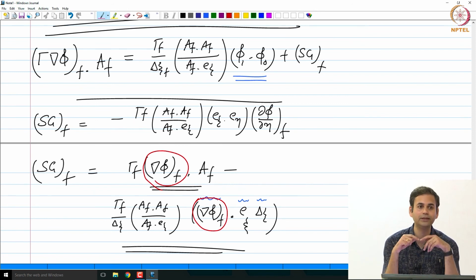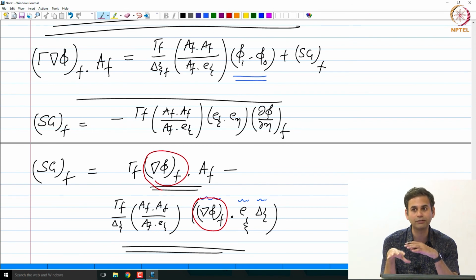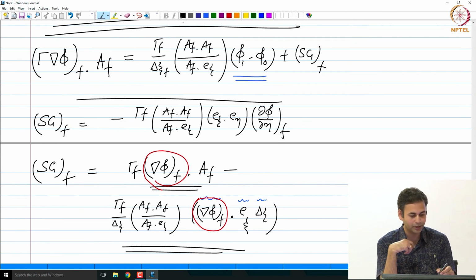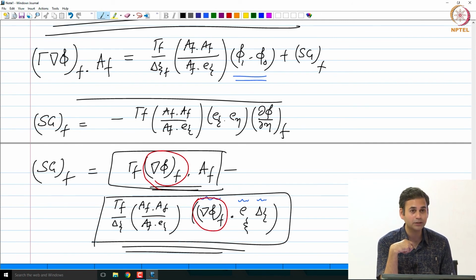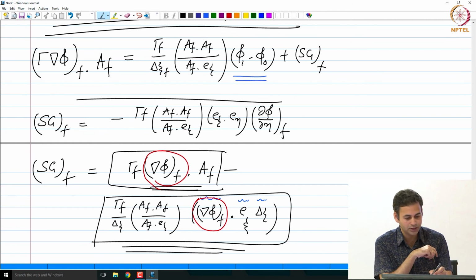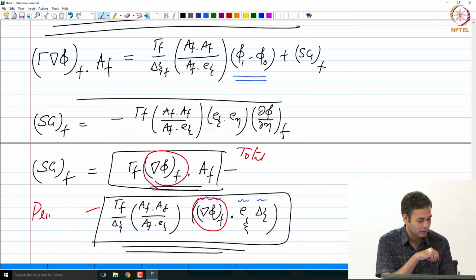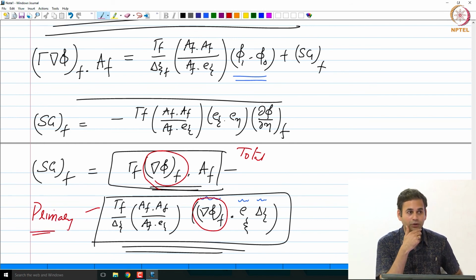So, we are calculating the total gradient on the particular face, and then from there I can calculate the total diffusion flux minus the primary, that would give me the secondary value.